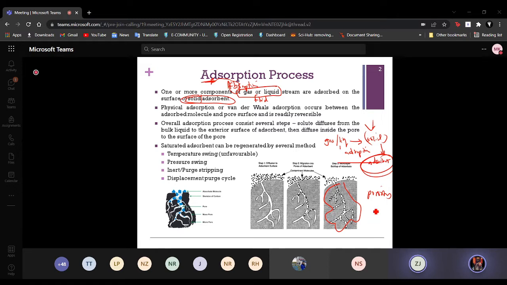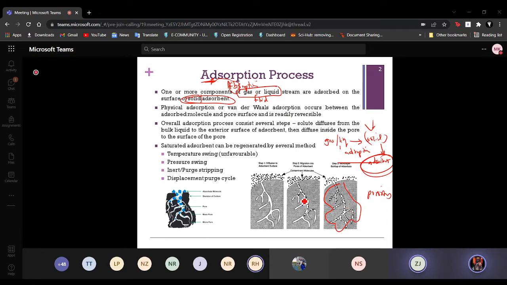The porous structure has tiny holes, liang-liang. For those not familiar with porous, it's liang-liang. A simple example: if you observe a sponge, you see it has fine holes. So that is porous.